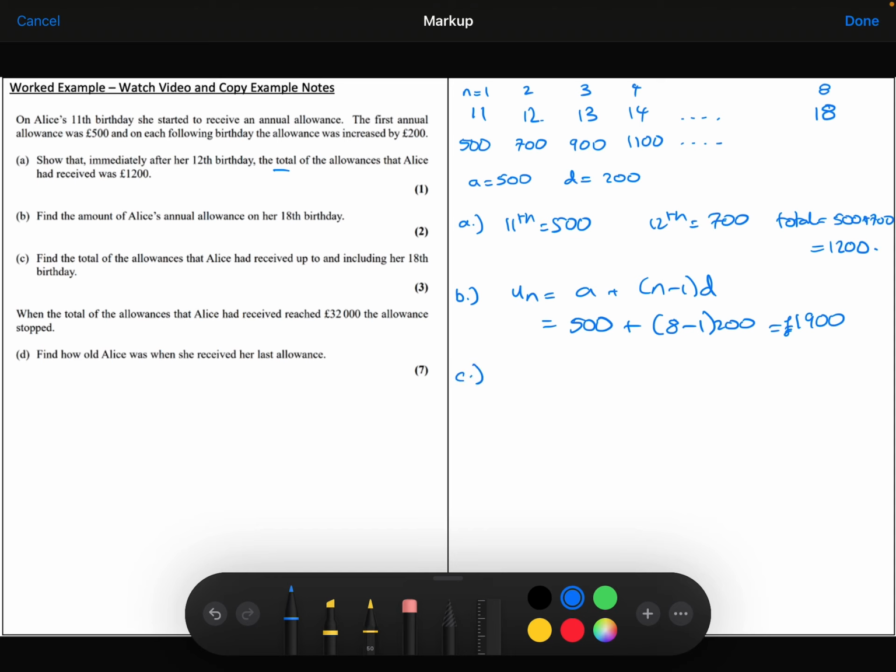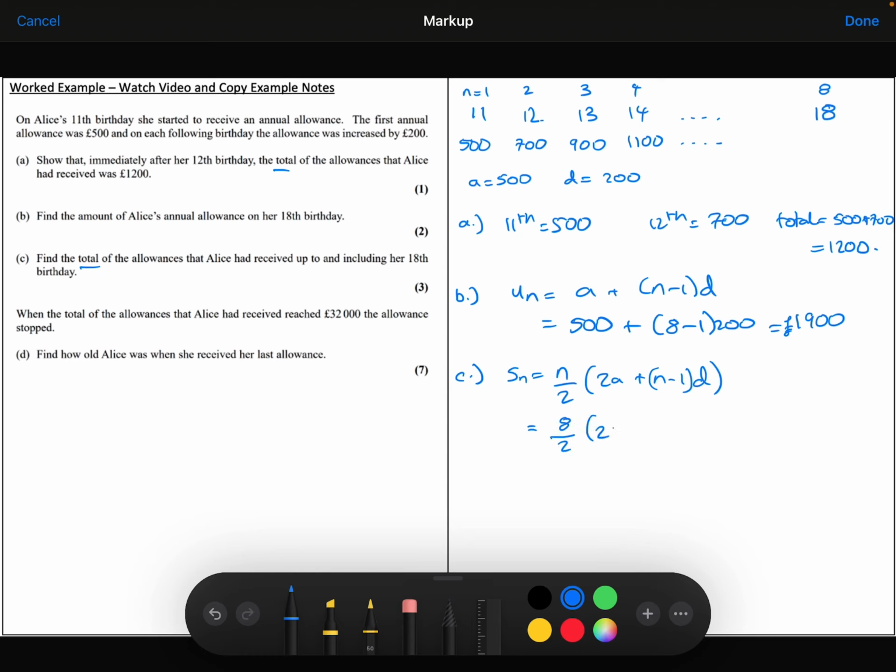Part C. Find the total of the allowances that Alice had received up to and including her 18th birthday. I can use the sum formula for this. The sum is equal to n over 2 times (2a plus (n minus 1)d). Remember that n on her 18th birthday is 8.